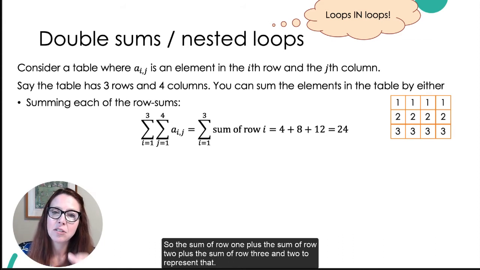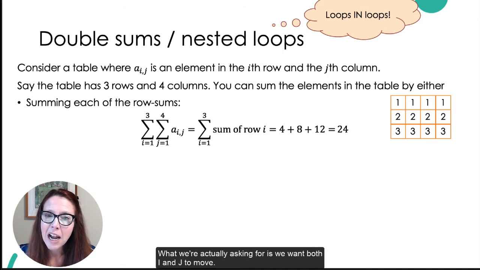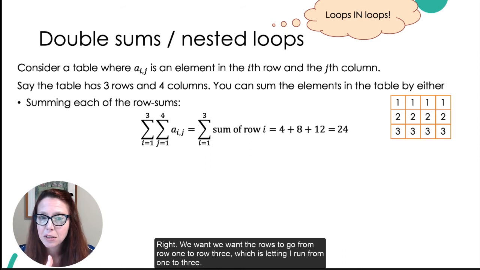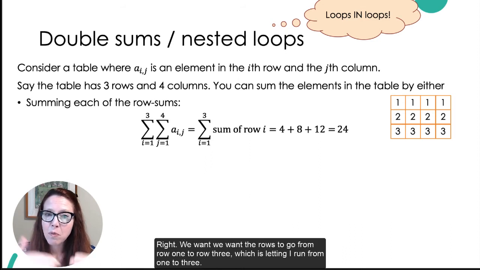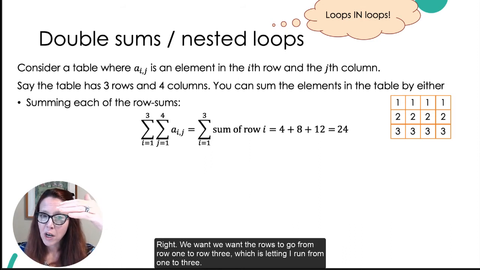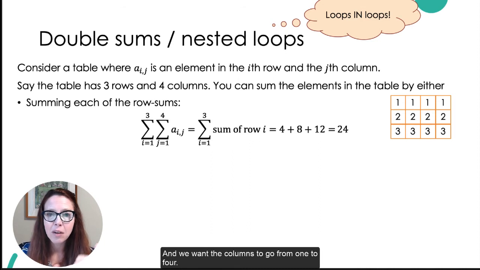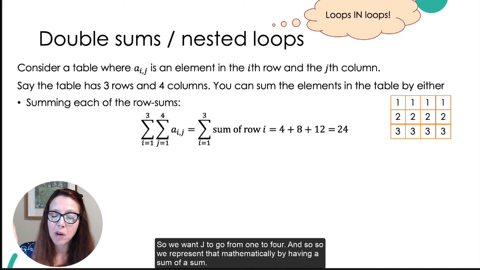And to represent that, what we're actually asking for is we want both i and j to move, right? We want the rows to go from row 1 to row 3, which is letting i run from 1 to 3. And we want the columns to go from 1 to 4. So we want j to go from 1 to 4.